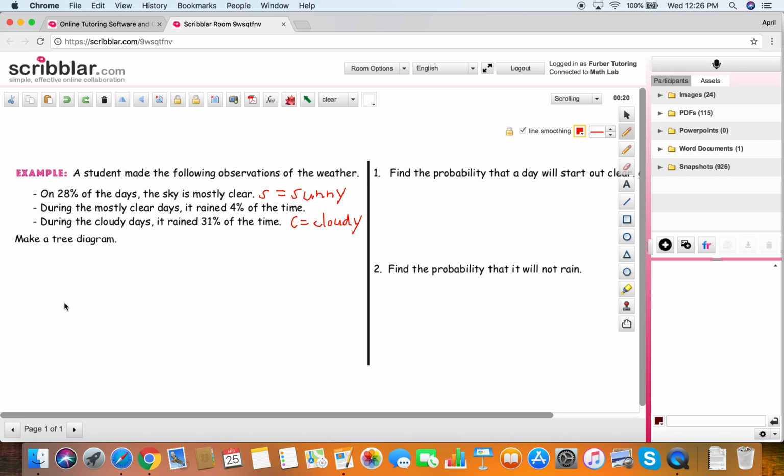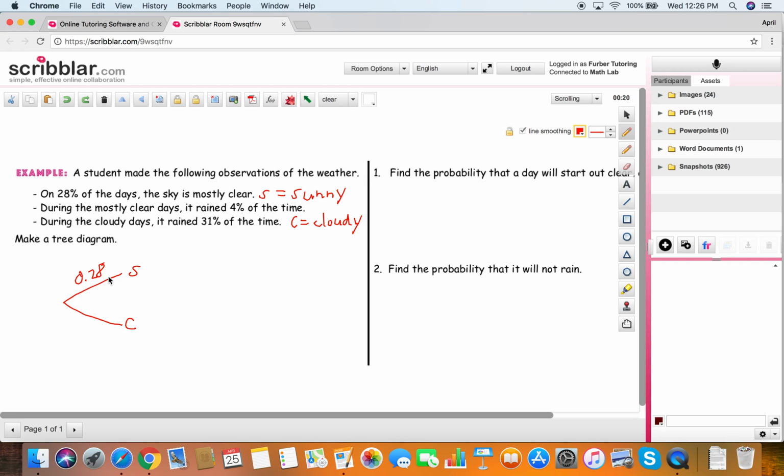So here's how I'm going to start my tree diagram. My tree diagram is going to look something like this. It's going to start here. I'm going to put S for sunny and C for cloudy. So on any given day, it says that 28% of the days are mostly clear or sunny. So I'm going to write that as 0.28. Now, 100% would be the total, right?